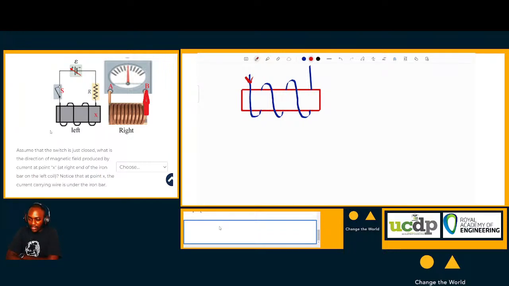Where you are basically using your right hand grip rule. You're not sure. All right, so can you see the direction of current that I've shown there?